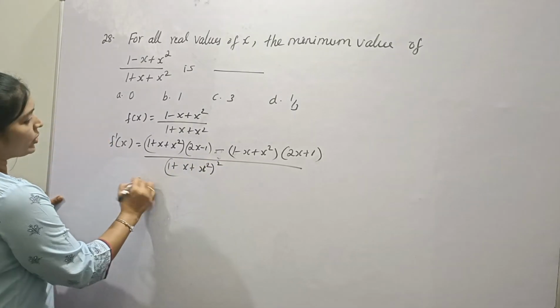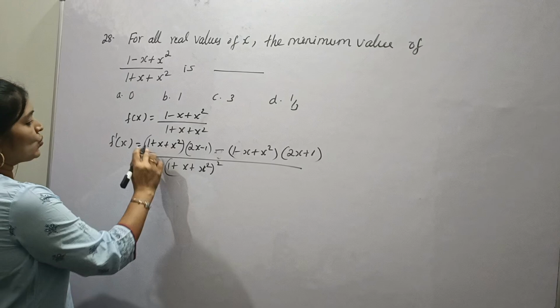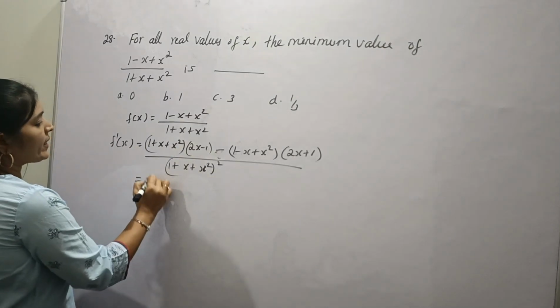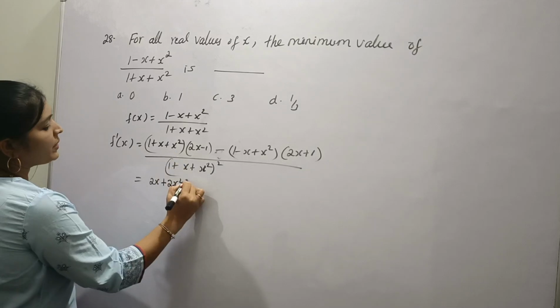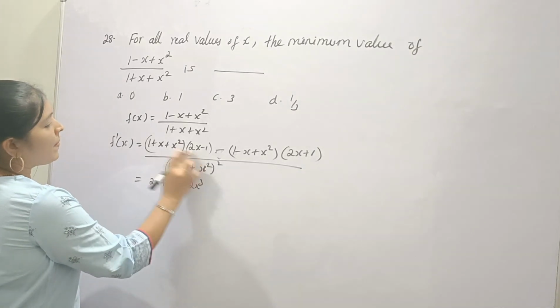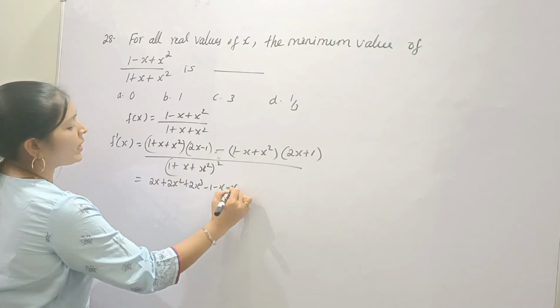Let's simplify this one: 2x plus 2x square plus 2x cube minus 1 minus x square.